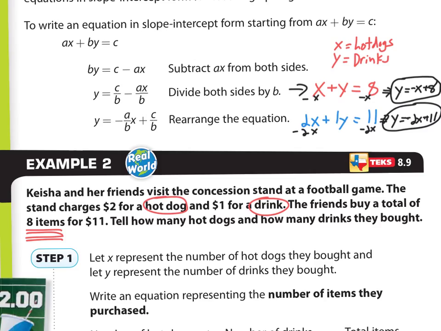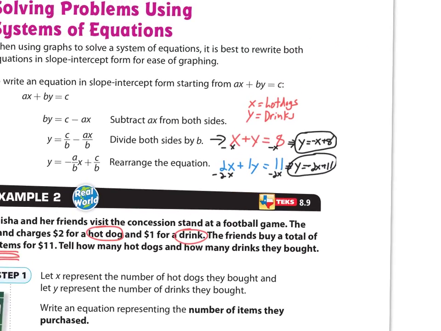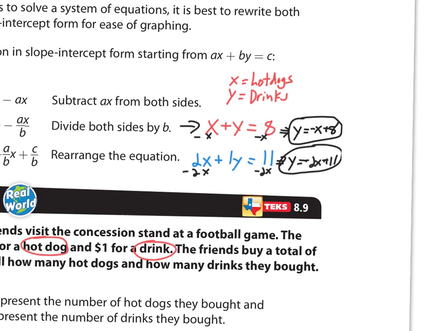Okay, so now we have our system of equations. Now we can use our calculator to actually solve this. We enter negative x plus 8 and then negative 2x plus 11. When you graph the line, you can see where it intersects. So we say second, calculate, intersect, enter.